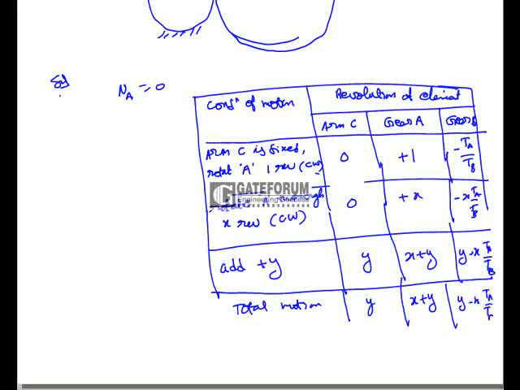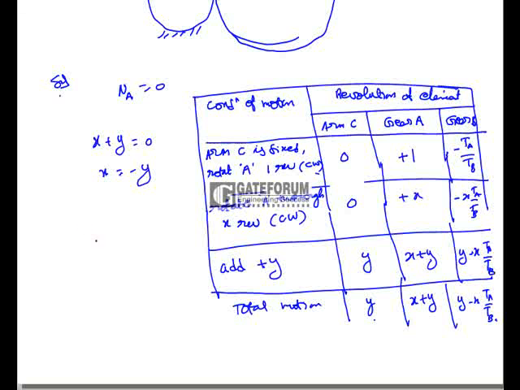Okay, and here we know that the arm C is rotating and the gear wheel A is fixed. That means NA is equal to 0, so X plus Y is equal to 0, that is X is equal to minus Y. But here the total motion of arm C is Y, and it is given that for 10 revolutions of arm C, the gear wheel B rotates about its axis by.